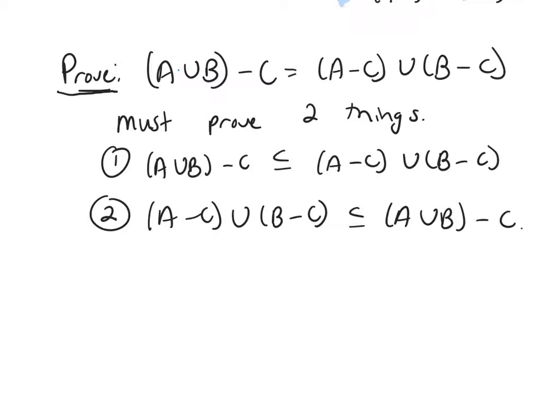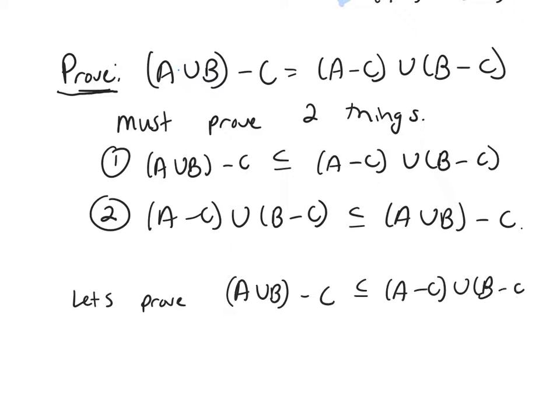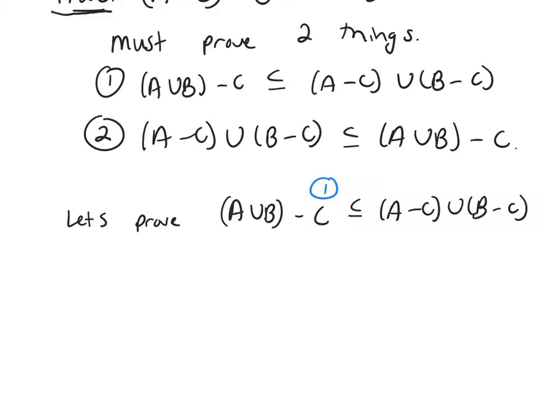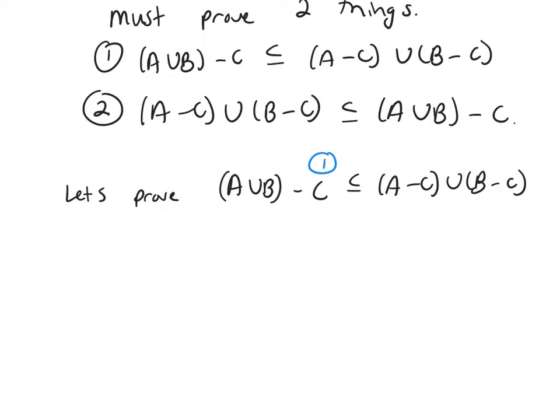Let's prove the first one. Let's prove that A union B minus C is contained in A minus C union B minus C. And again, when we're doing this proof, we're going to start by outlining the proof.